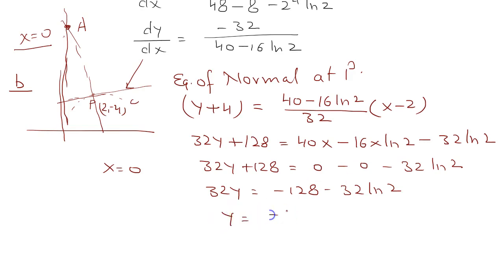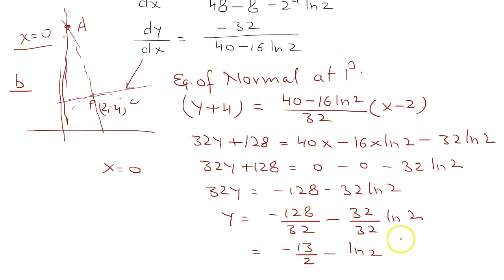So y is equal to minus 128 over 32 and minus 32 over 32 ln 2. So this is minus 4 and minus ln 2. So this is in the form of P plus Q ln 2. P is minus 4 and Q is minus 1.